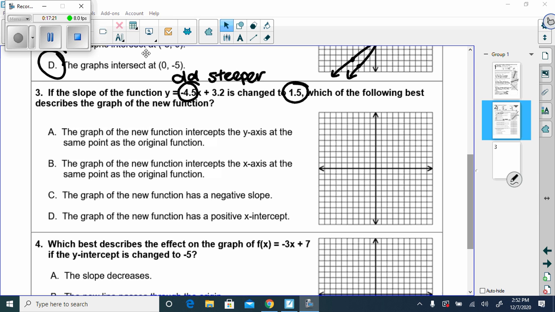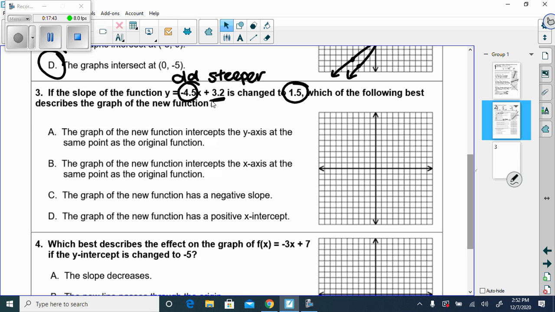It's a negative slope. Okay, so A says that the graph of the new function intersects the y-axis at the same point as the original. Is that true? Did that part change? So did the y-intercept stay the same?